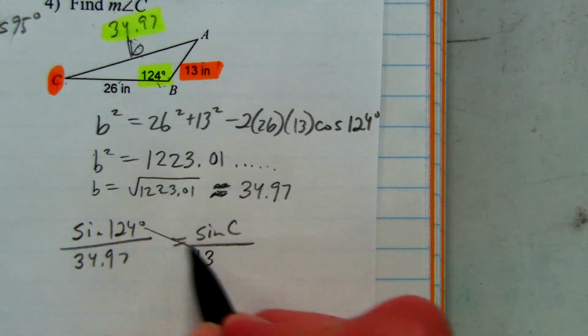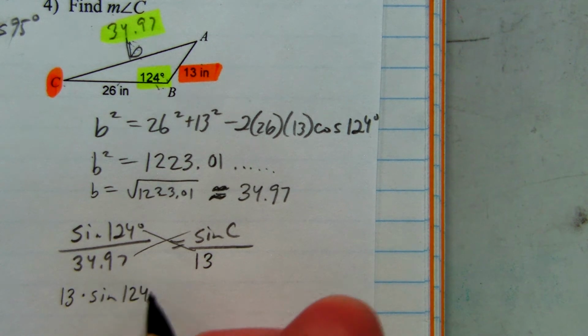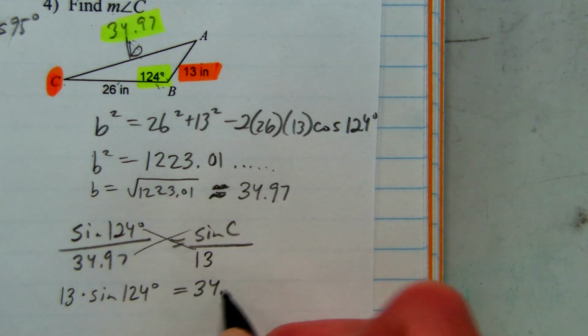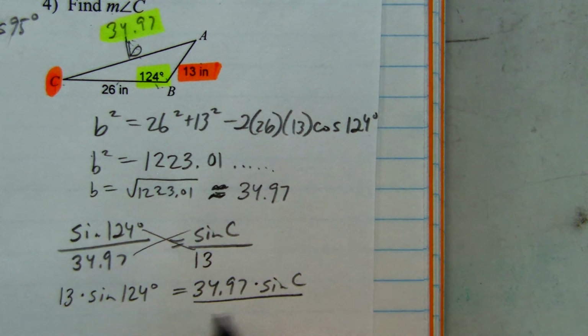And we cross multiply there, so we get 13 times the sine of 124 degrees equals 34.97 times sine of C. Divide here.